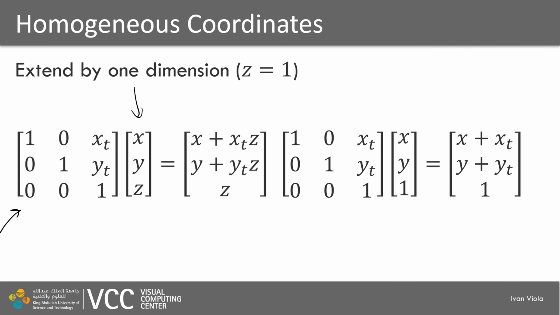And the shearing factor will be xt for the x coordinate and yt for the y coordinate. And we will have the z coordinate unchanged through such an operation.